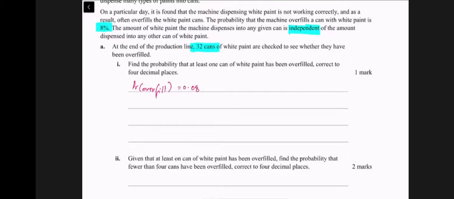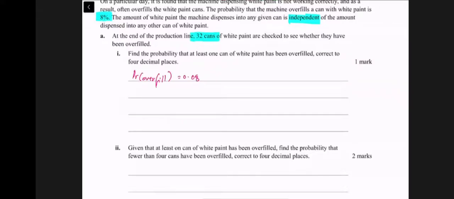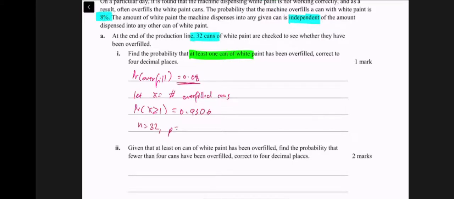And since it's binomial and they haven't given us a variable, I just defined a variable. I said let x equal the number of overfilled cans. We're looking for at least one that has been overfilled, so that's including one. So the probability that x is greater than or equal to 1, and then just put that into your CAS, where n is 32 and p is 0.08.